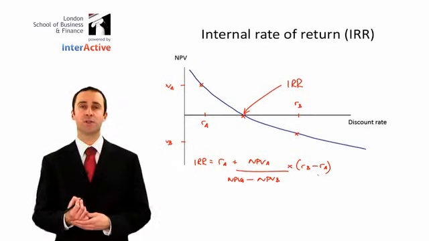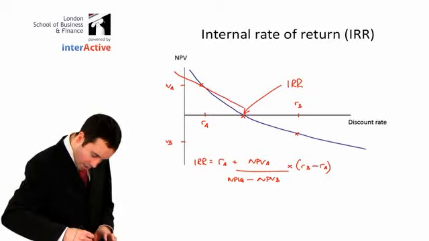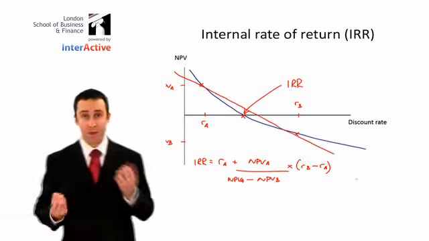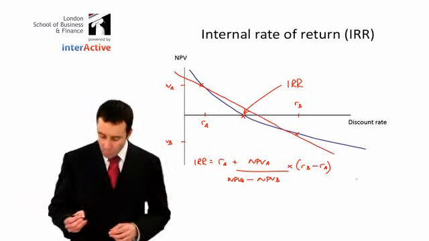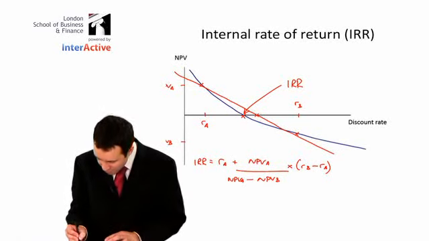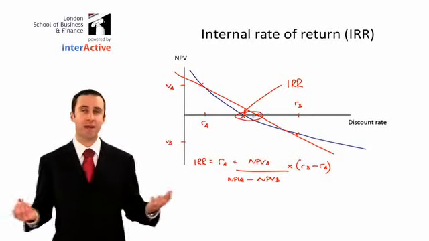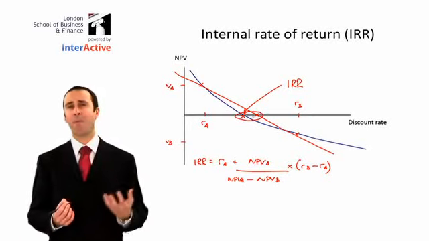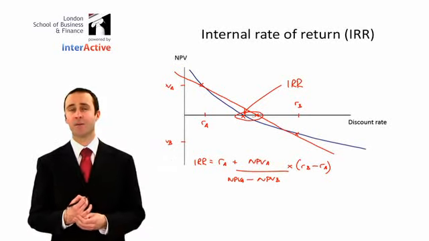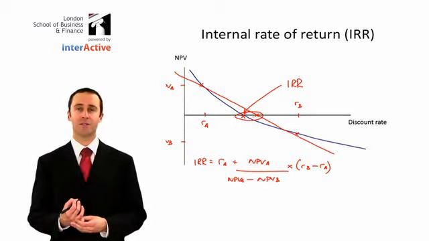Because that formula gives us a straight line between the two points, so that what we calculate is this point there. It's not a diagram drawn to scale, it's only very rough, but that point that we've approximated via linear interpolation should be pretty close to your internal rate of return.